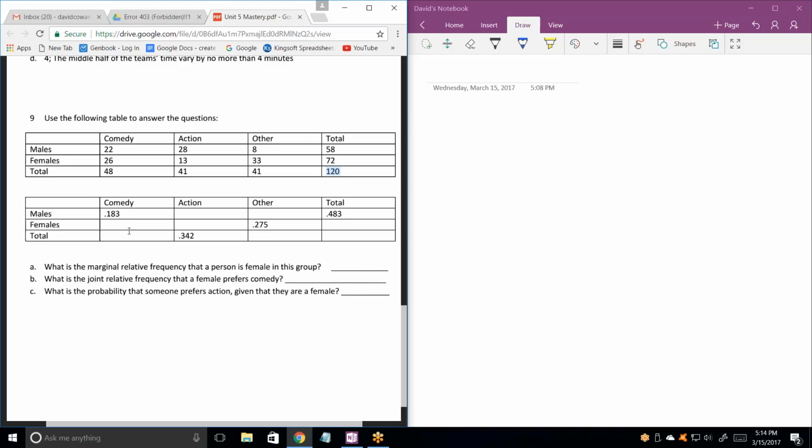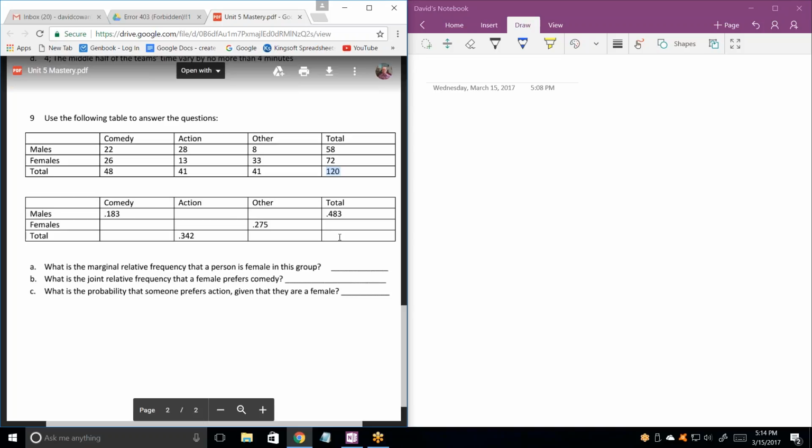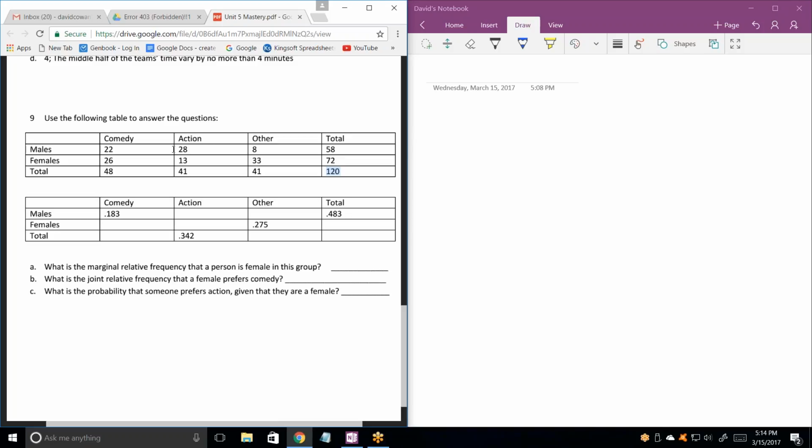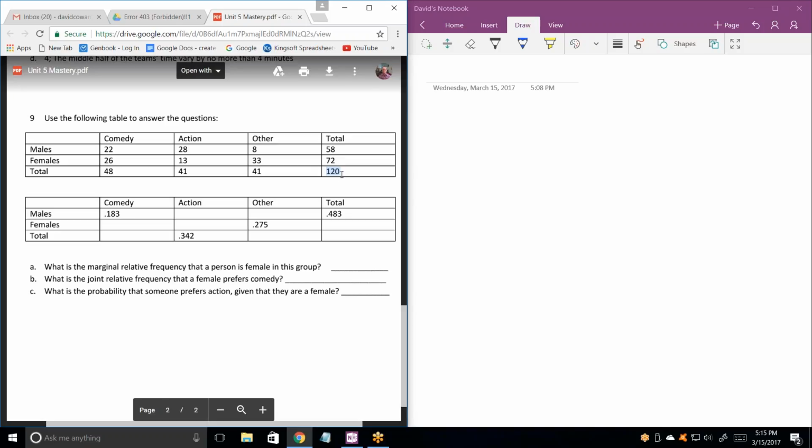The totals are always the sums of these two cells. Same thing with going across, although you can fill in every cell just by dividing the number by 120. Okay. So once you've done that, now let's see if we can answer the questions.